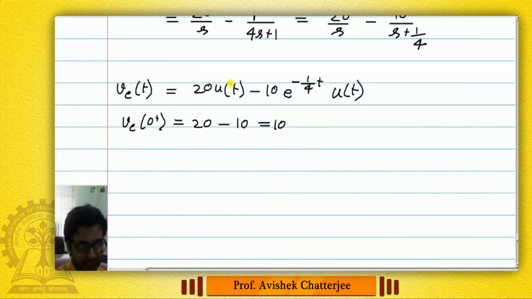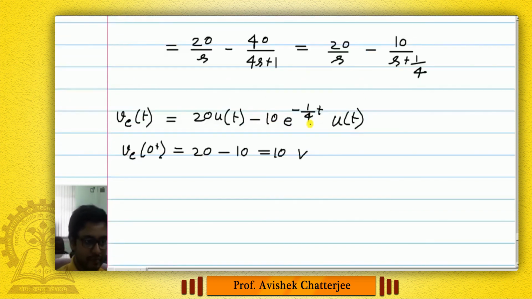So initial voltage 10, correct, this is 10 volt, and VC at time infinity will be 20, because this will be 0 at time infinity.